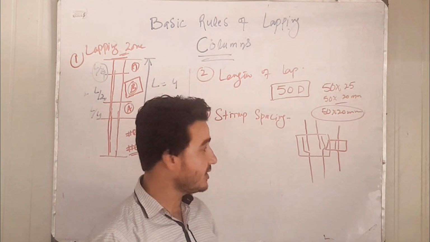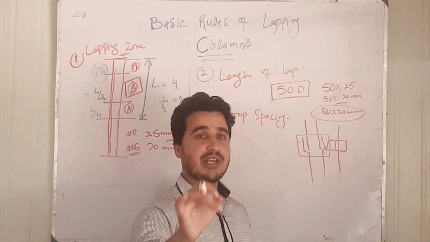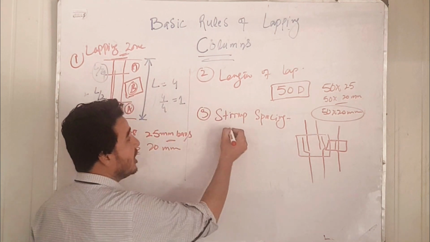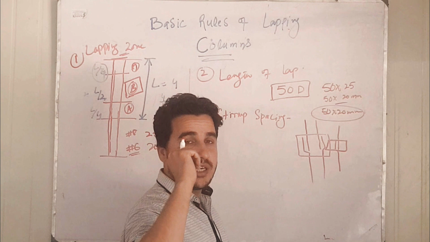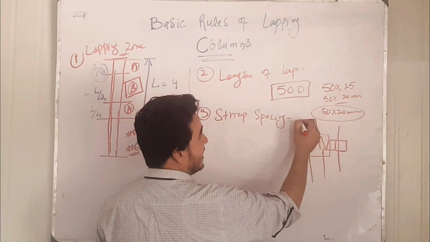You can say that this is a broken part of the column. So here we will be considering it as a weak point, and that is why the stirrup spacing near the lap will be less than the spacing at the extreme point.